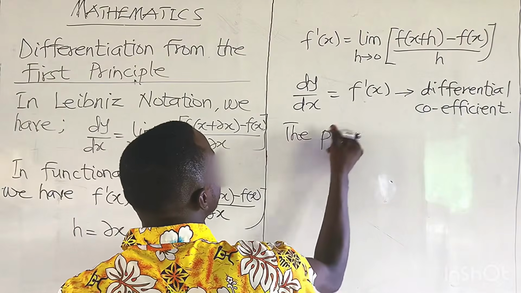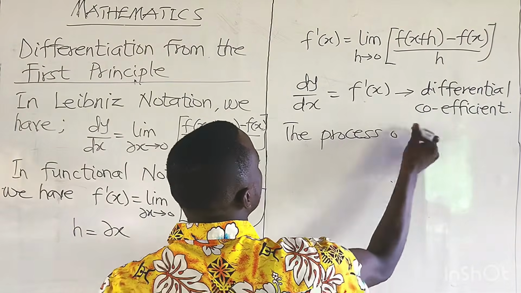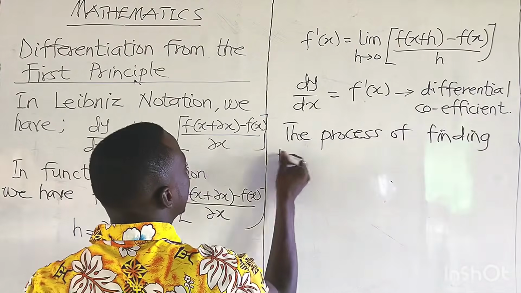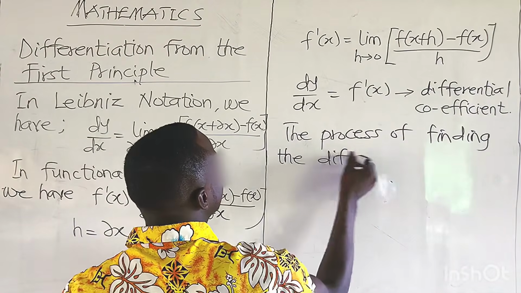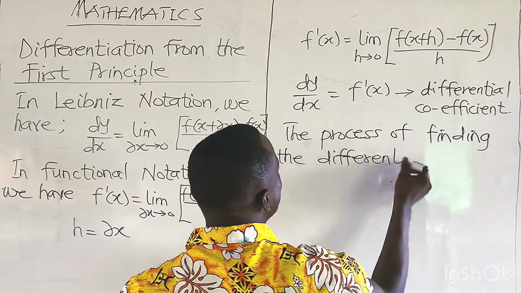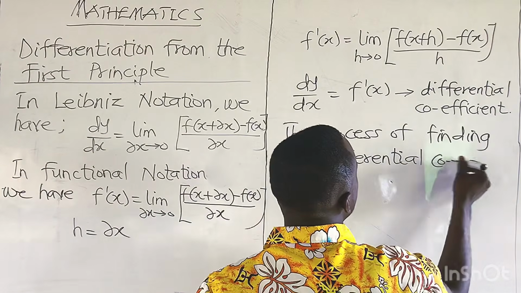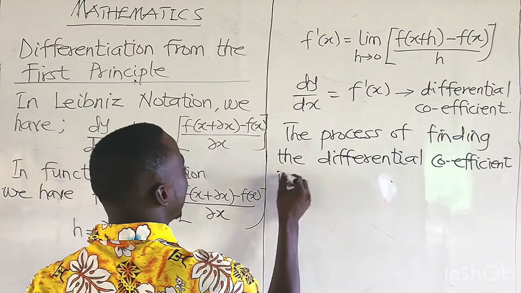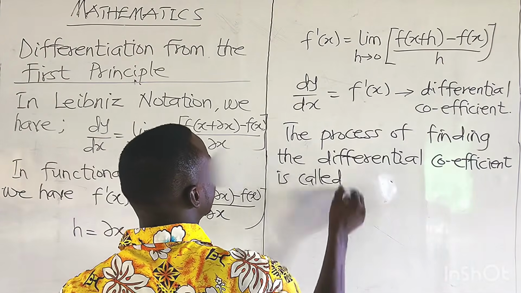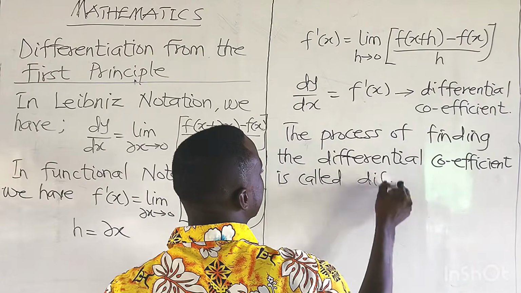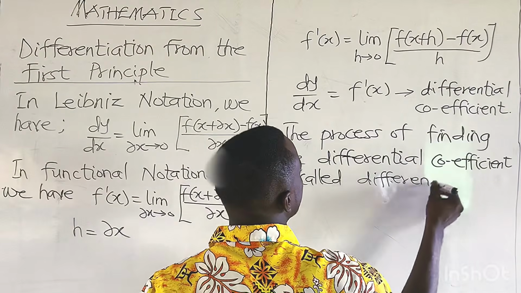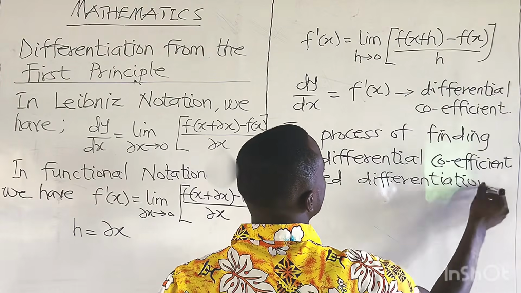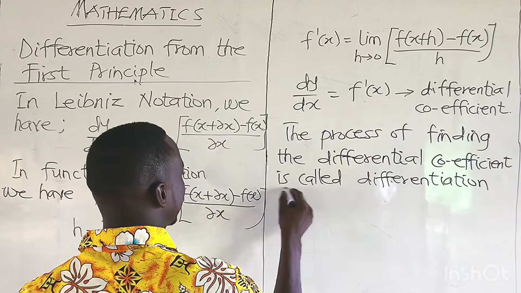The process of finding the differential coefficient is called differentiation from the first principle.